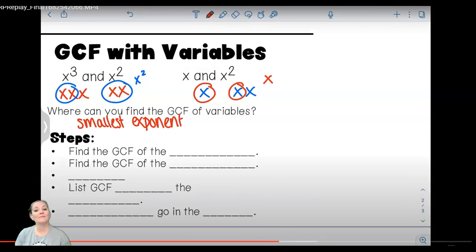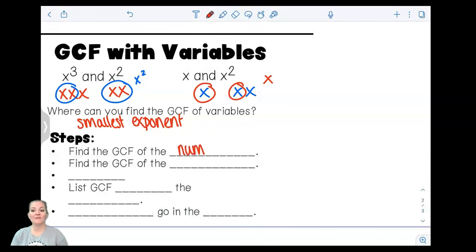Now, if you have a situation where you have multiple letters, the letters have to be in all terms. You have to have this many x's and this many y's in all terms to call it a GCF. So now, how do we find a GCF if we have a mix of letters and numbers? We've got 5 steps. You're going to first find the GCF of the number part. You're going to find the GCF of the variable part. You're going to divide by the GCF.